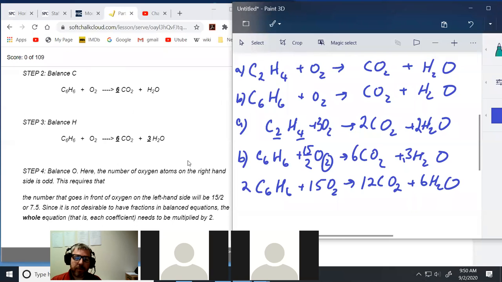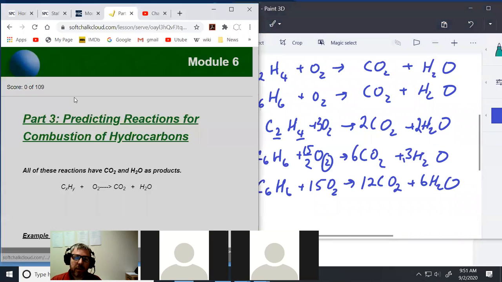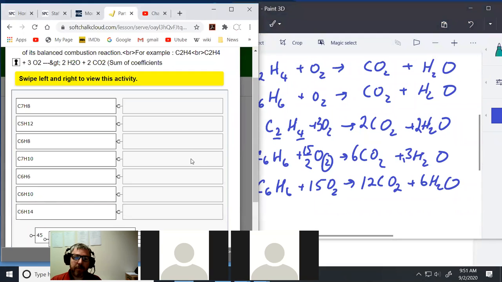Let me show you an example down here. Okay. So what I want you to do is go through these with me and tell me if we're going to have to multiply these by 2 or not when we balance these. Okay, so C7H8, will we have to multiply that by 2 at the end? No, because 8 divided by 2 is 4.